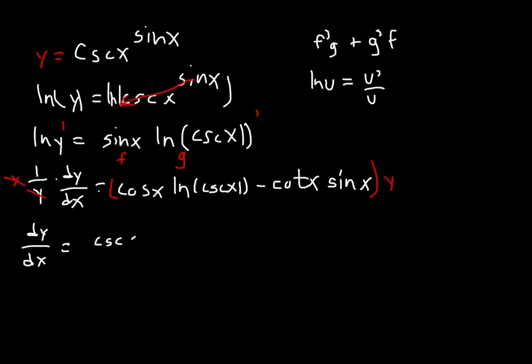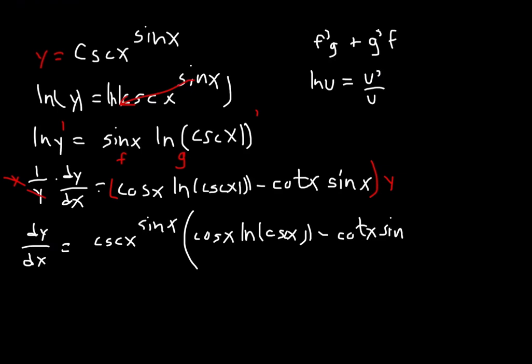So cosecant x raised to sine x times this whole thing inside: cosine x times ln of cosecant x, minus cotangent x sine x. So this is the derivative of cosecant x raised to sine x.